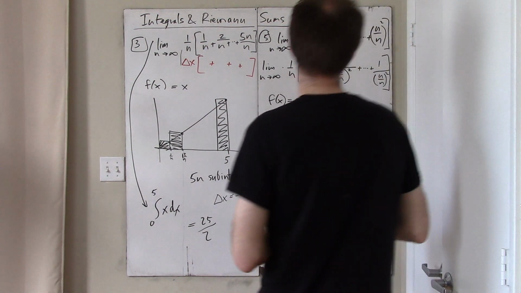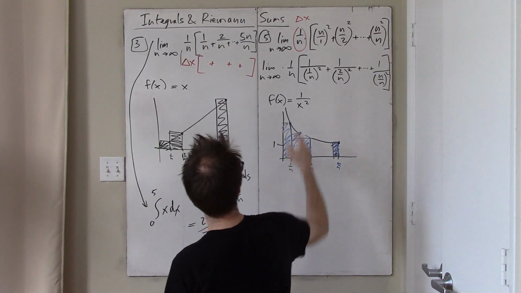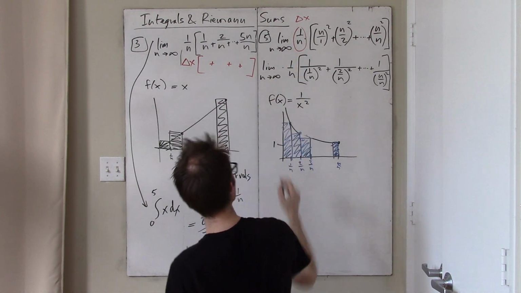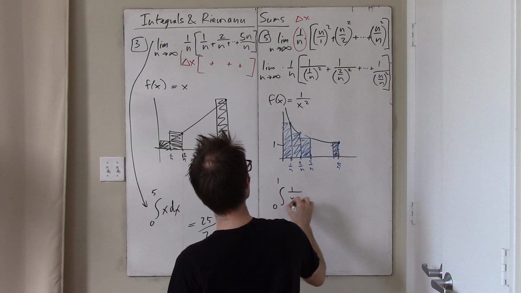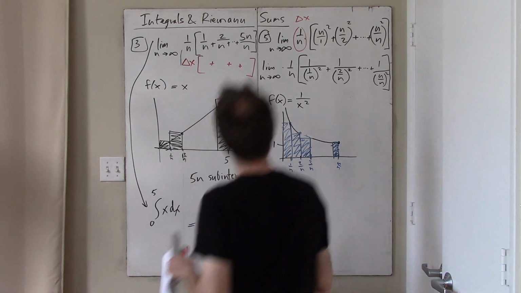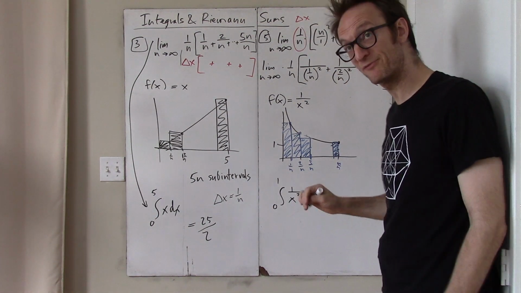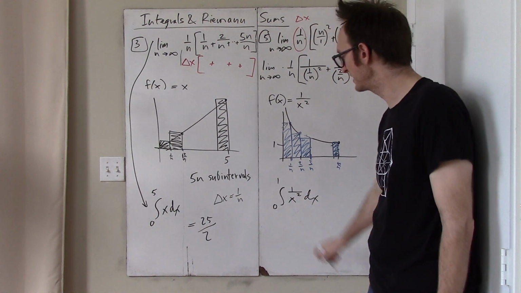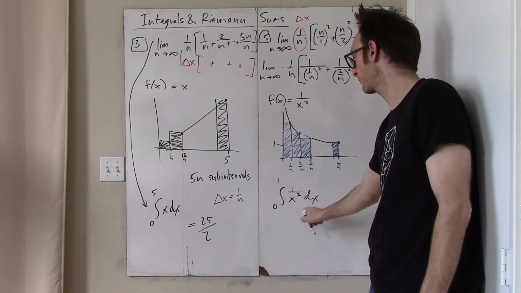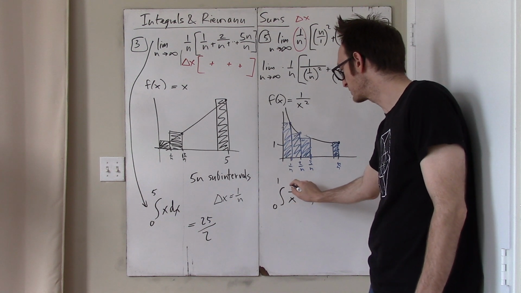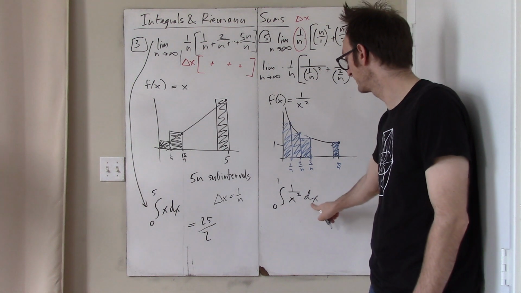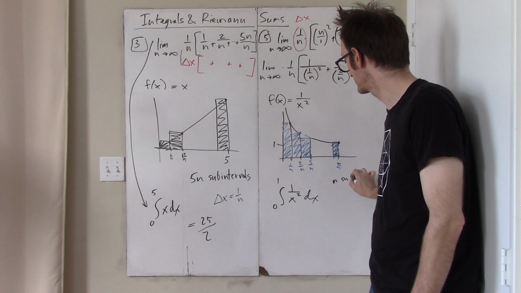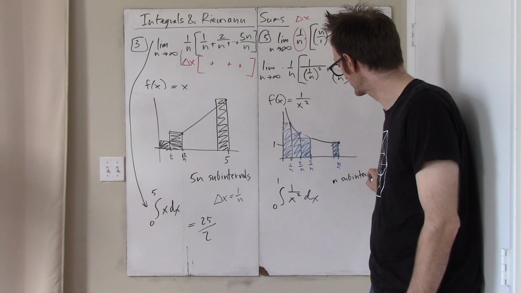And okay, so my claim is that this limit, this number 5, is in fact equal to the integral from 0 to 1 of 1 over x squared. And putting it a little bit differently, if you gave me the integral from 0 to 1 of 1 over x squared and asked me to evaluate it using a Riemann sum and told me to use n subintervals, then what would I do?